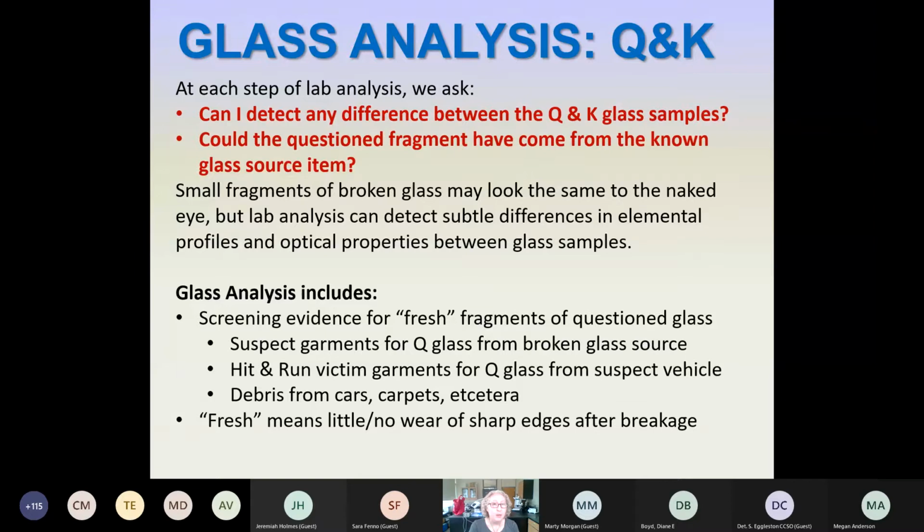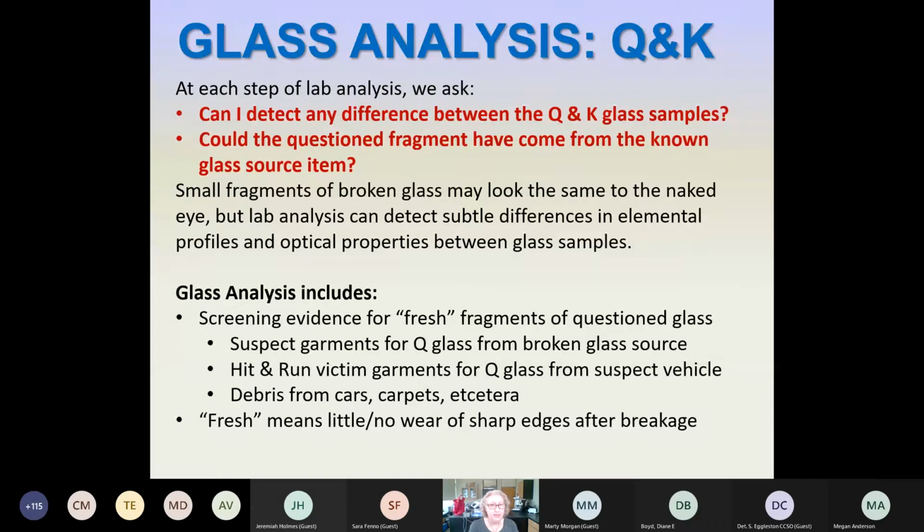We recognize that, but we are using very sensitive instrumentation in order to measure qualities about the glass. We measure its elemental profile and the optical properties of the glass. And with these two measurements, we can tell the difference between many, many, many samples of glass.